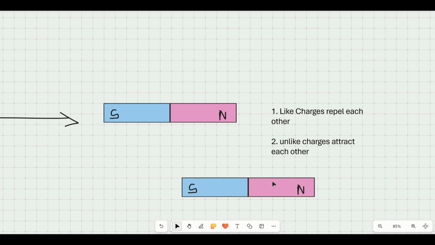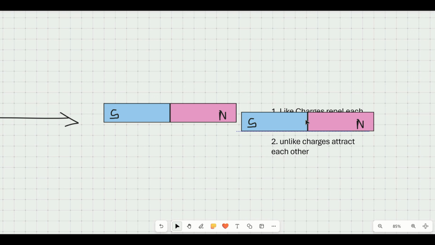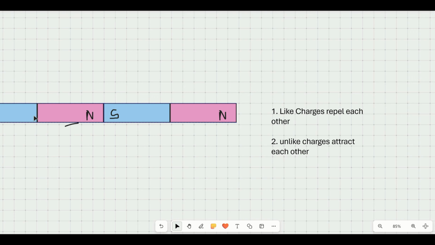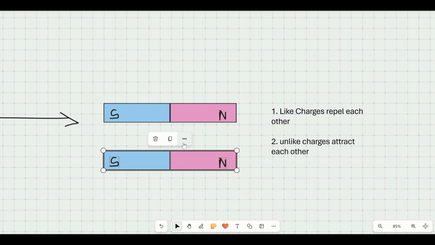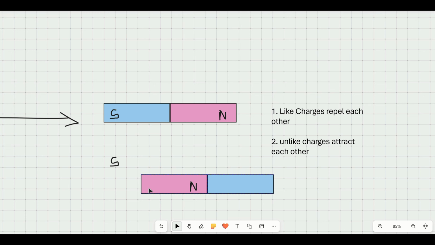Okay, so the second thing is that unlike charges attract each other. So south and north will attract each other, they will attach, and north and south will also attract each other. Let's make it like this.